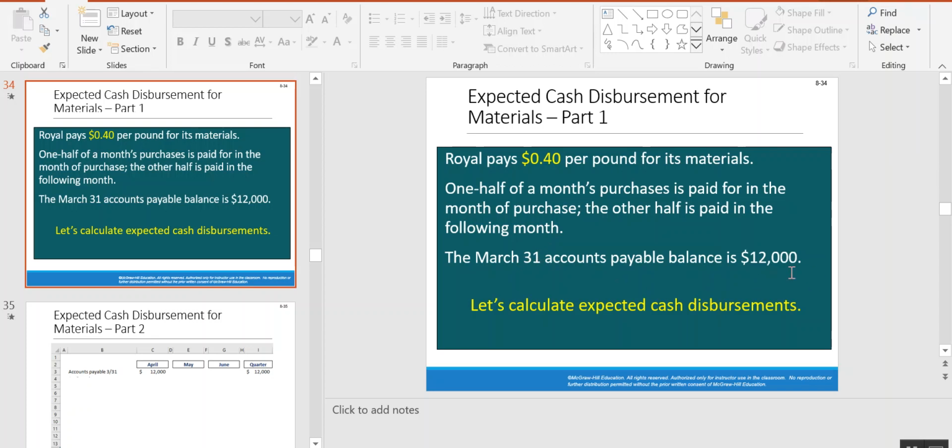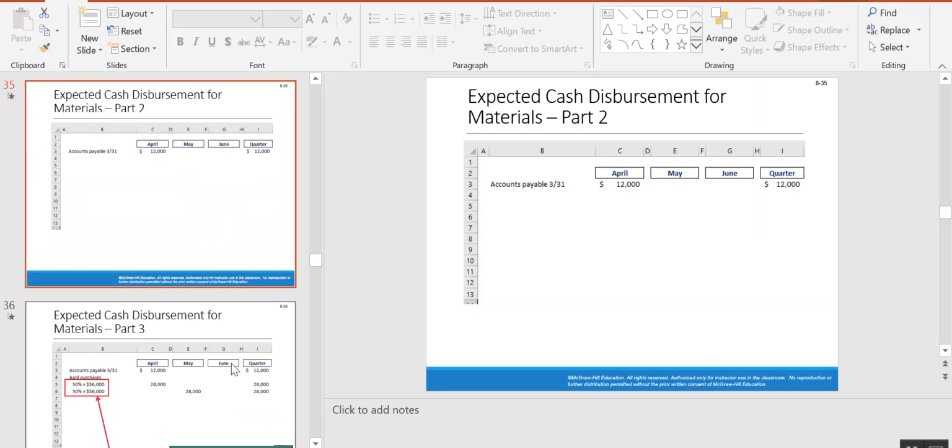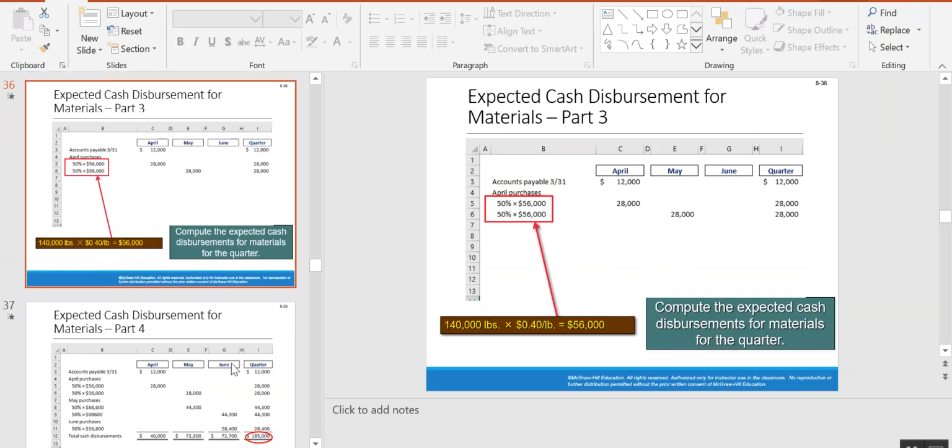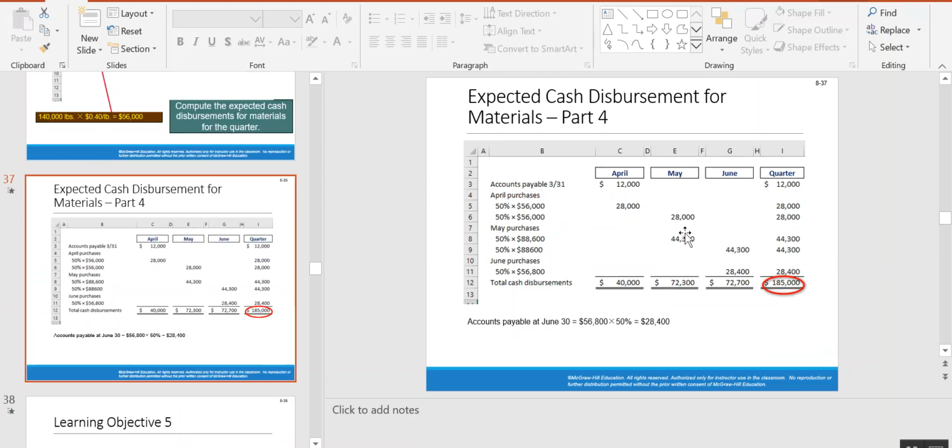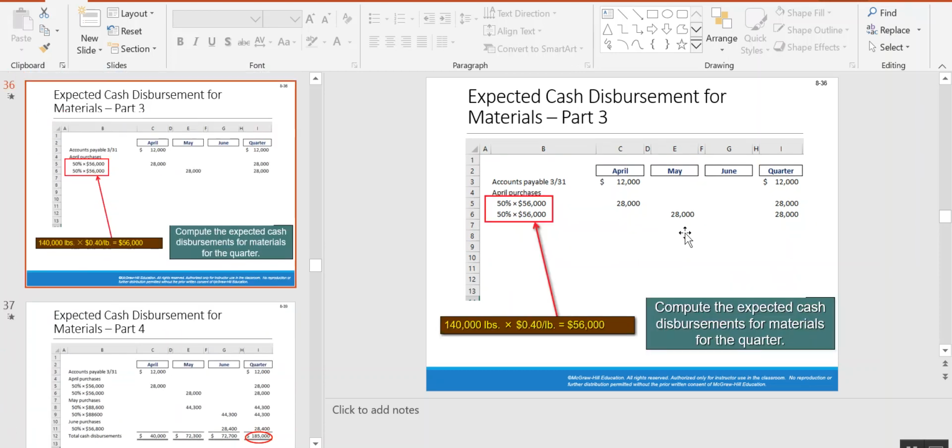So March 31st, the accounts payable balance is $12,000. So we begin with that. And then in April, we calculate the cost of purchases. 140,000 pounds times 40 cents, we get $56,000. But remember, half of it will be paid for in April and half in May. So we do that for the other months as well.